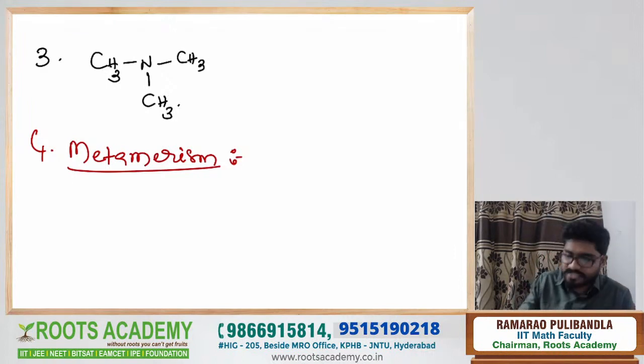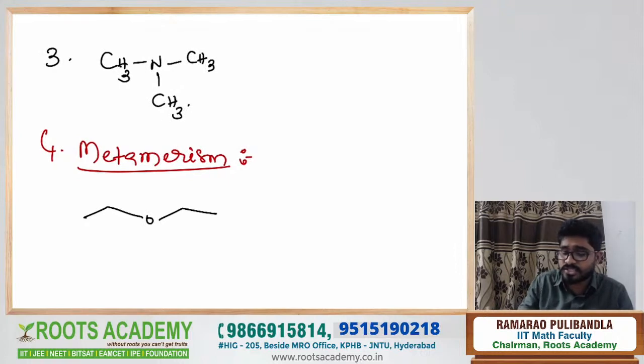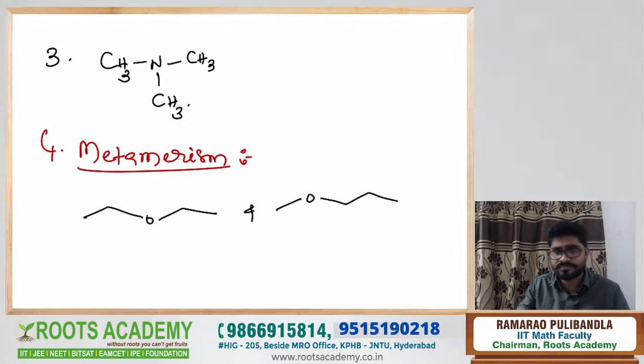So if it is metamerism, see in what way I am writing the alkyl groups. Now this is the ether functional group. Here we have ethyl, here ethyl. So this one I can write as methyl and propyl also. So the alkyl groups which are connected to the same atom should get differed. That is the one point. Understood?